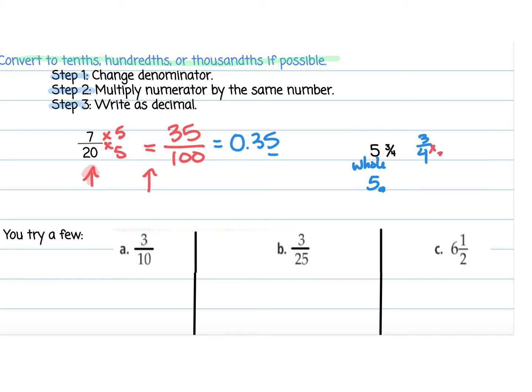So if I were to change this and multiply it by 25, it would be out of 100. Whatever I do to the bottom, I have to do to the top to keep things equivalent. So 3 times 25 is 75. So 3/4 and 75 hundredths are equivalent. Therefore, 5 3/4 is the same as 5 75/100.